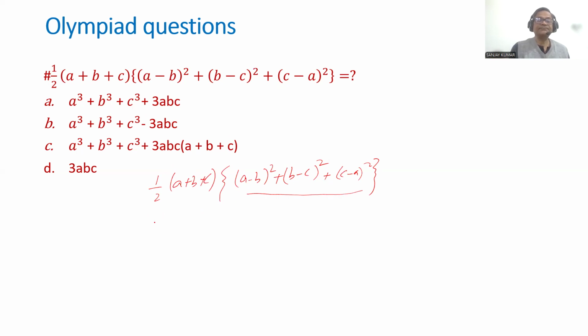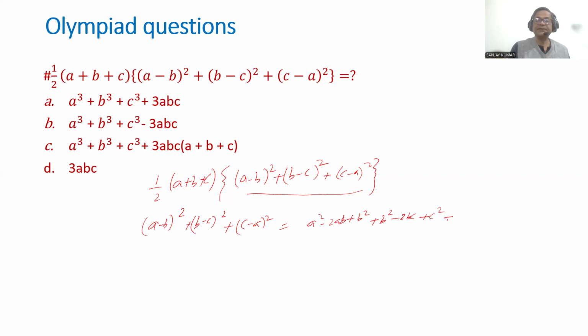इसको simplify करते हैं. a minus b whole square plus b minus c whole square plus c minus a whole square. This is equal to how much? a square minus 2ab plus b square. ये क्या होगा? b square minus 2bc plus c square.